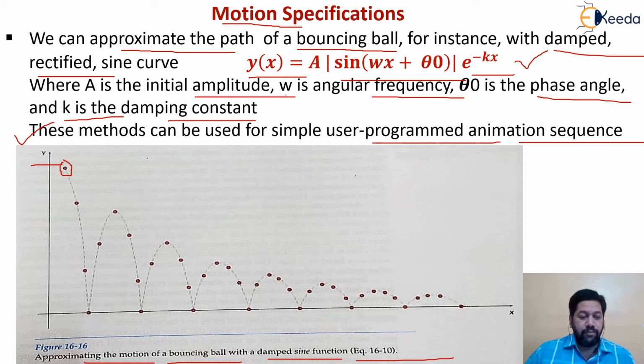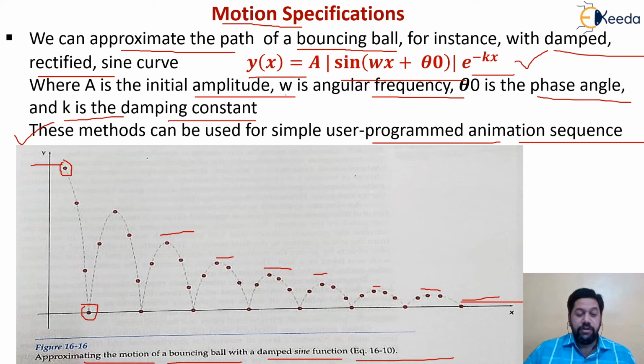The ball will impact the floor and bounce again. First it will bounce very high, then the height will be lower, and lower again, and in this way, at the end it will settle down.